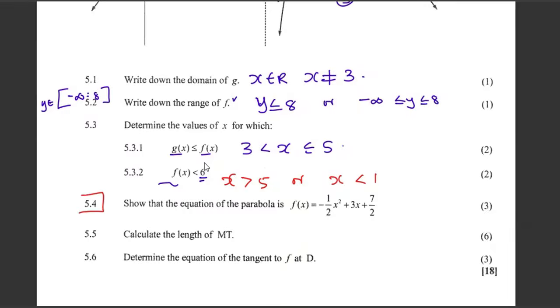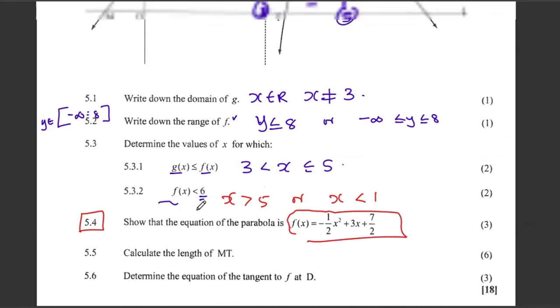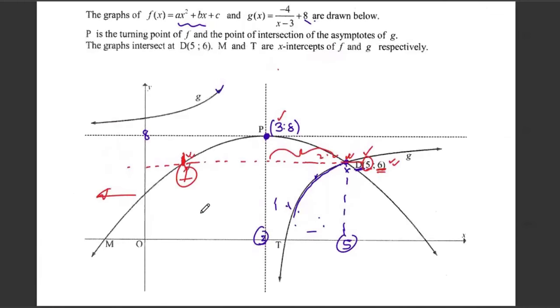Then 5.4, can we show that the equation of the parabola is given as this? This question is sweet because they give you the answer and then you have to figure out how you get that answer. So what we have to do with this question is, I have already identified the point P, which is the turning point.